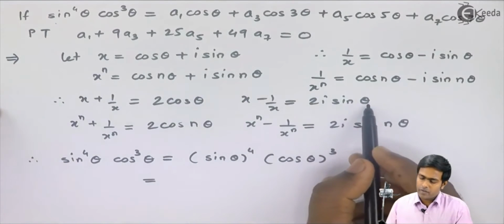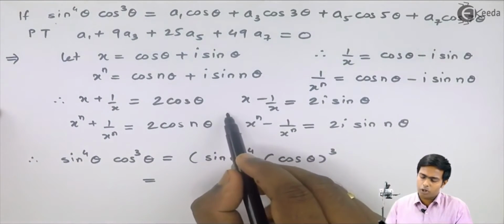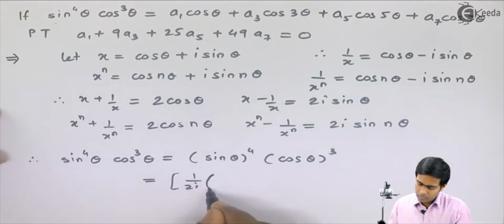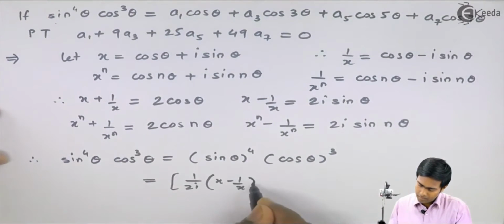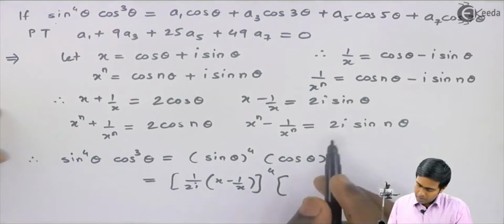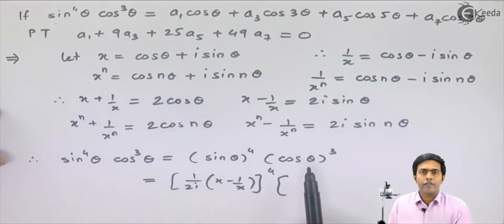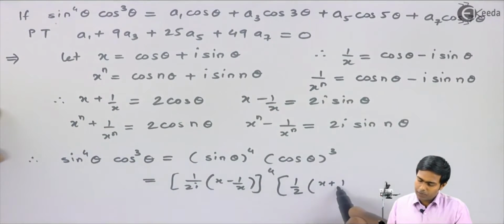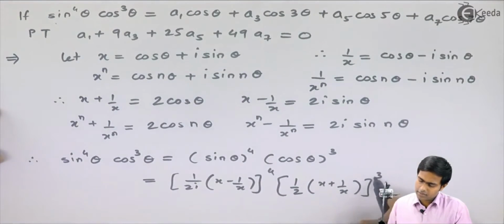So from here we can say that sin θ is 1 upon 2i times x minus 1 upon x, and from here we can find the value of cos θ, that is 1 upon 2 times x plus 1 upon x.